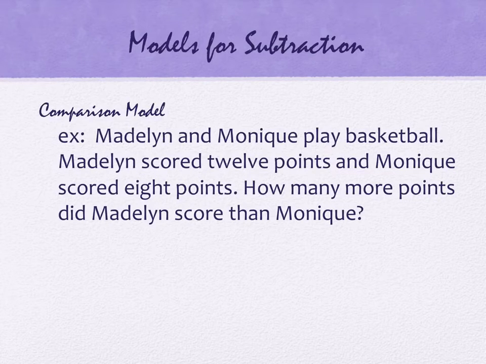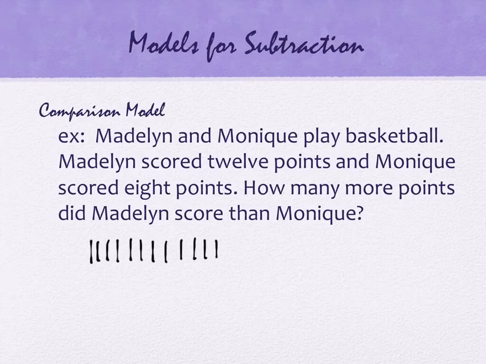So what could it look like if you were doing a concrete model for this one? Well, it could look something like this. We've got them playing basketball. We have Madeline scoring 12 points. Maybe it looks like tally marks. And then you have Monique scoring 8.